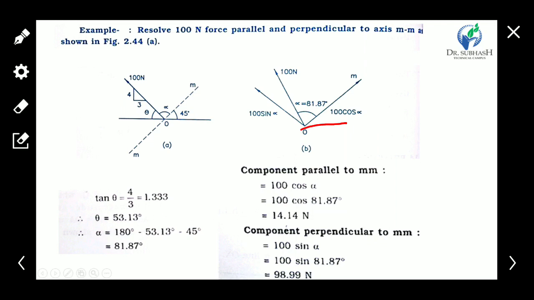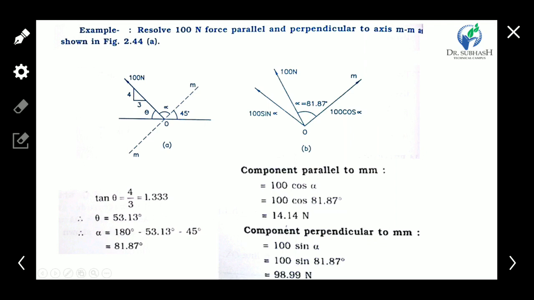According to that, the slope of the force is given as 4 and 3, so tan theta is equal to vertical upon horizontal.